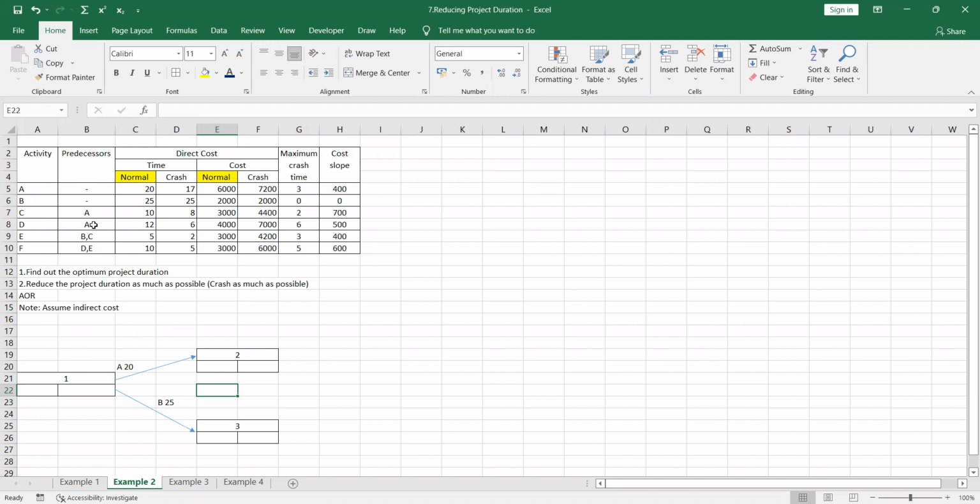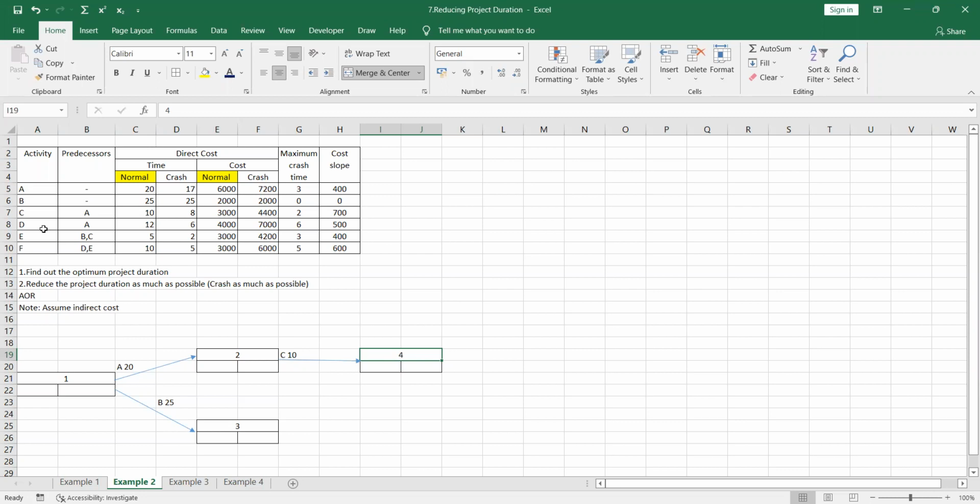For the activity C, the predecessor is activity A. That means you have to start that from here. So the C activity is here, and the C activity normal time is 10. This should be 4.